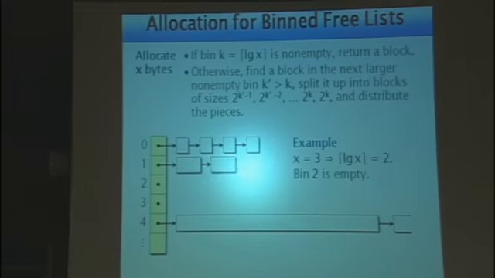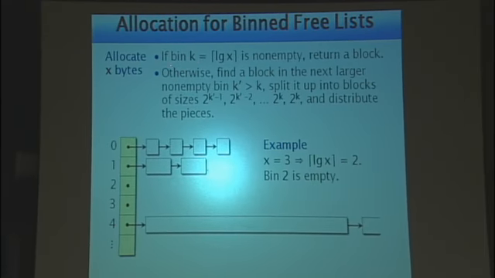If I'm allocating X bytes, I look in the bin ceiling of log X. Because that's where everything of size 2 to the ceiling of log X is, which is basically rounding X up to the next power of 2. If it's non-empty, I just return a block as if it were an ordinary free list.